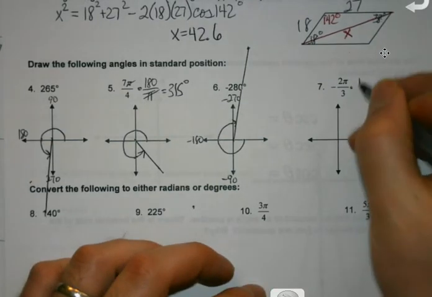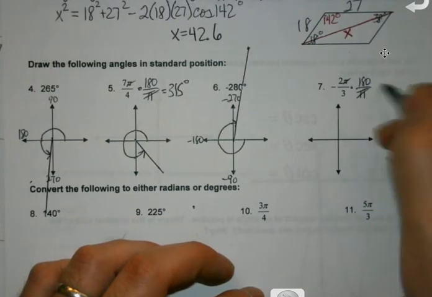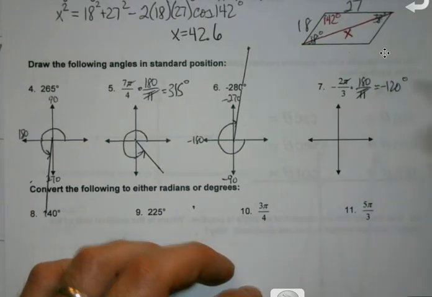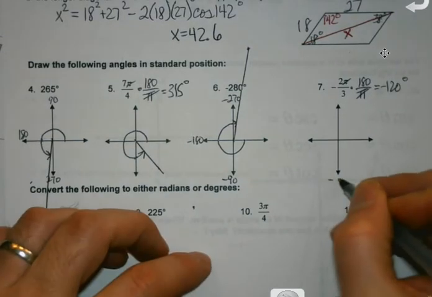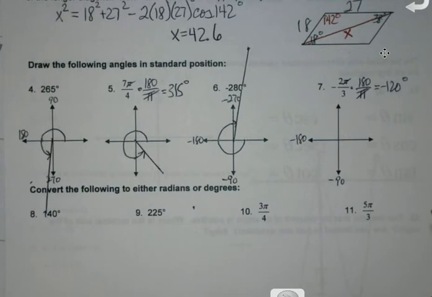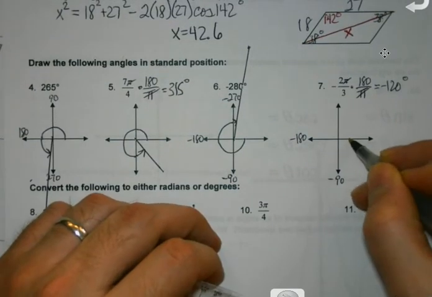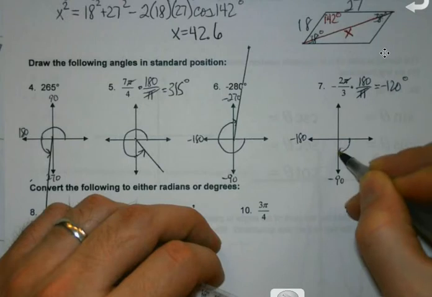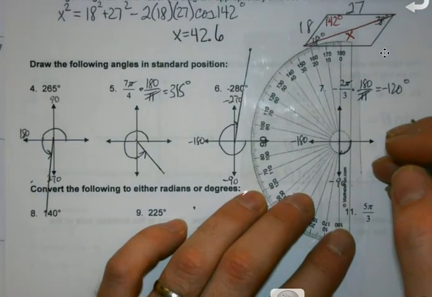And then one last time, get that into degrees. And once we're in degrees, remembering that I'm going counterclockwise, I'm like, okay, so I'm going clockwise. So 90, I need 30 more.